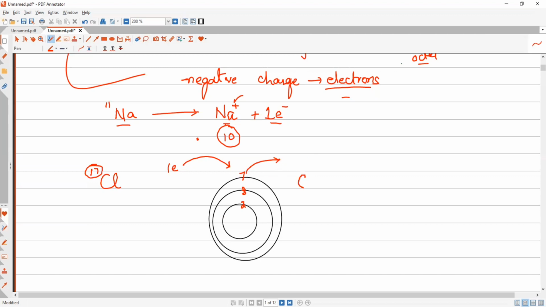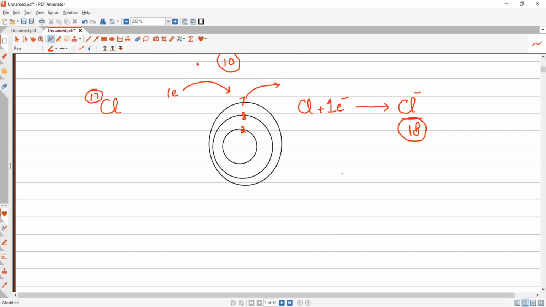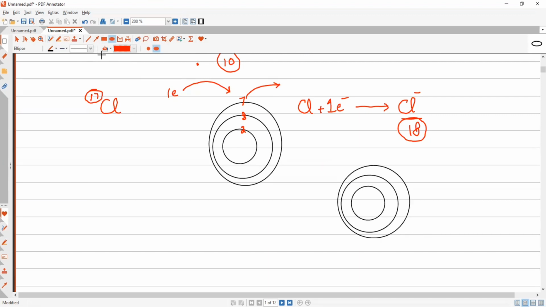So that's why chlorine will gain one electron and it forms chloride ion, which contains a total of 18 electrons, and the electronic configuration of this chloride would be 2, 8, 8. After gaining one electron, now its structure is like this.